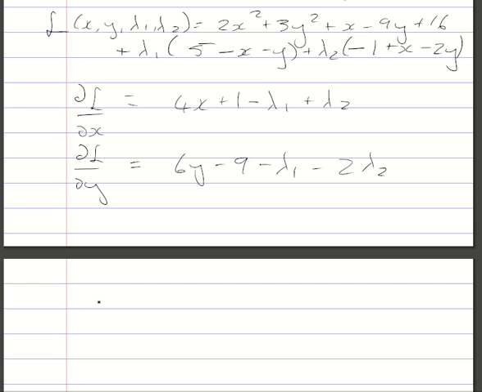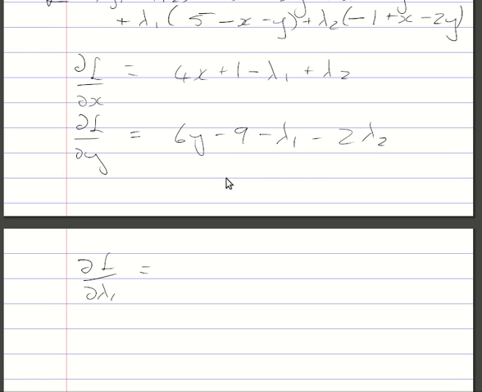And unlike the Kuhn-Tucker conditions, we also take the partial derivatives with respect to the Lagrange multipliers. Now this actually is no different than the Kuhn-Tucker conditions, and we'll see why in a moment.